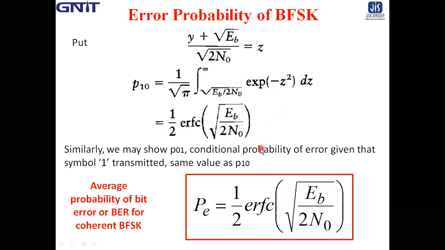Therefore, the average probability of bit error, or equivalently the bit error rate for coherent binary FSK, assuming equiprobable symbols, P equal to half ERFC square root of EB by 2N0. Okay, so this is the error probability for BFSK signal.